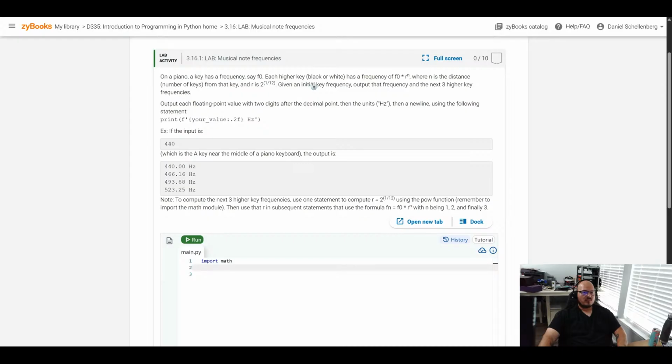Each higher key, black or white, has a frequency of F0 times R to the n, where n is the distance from that key, and R is 2 to the power of 1 divided by 12. So given the initial key frequency, output that frequency and the next 3 higher key frequencies.